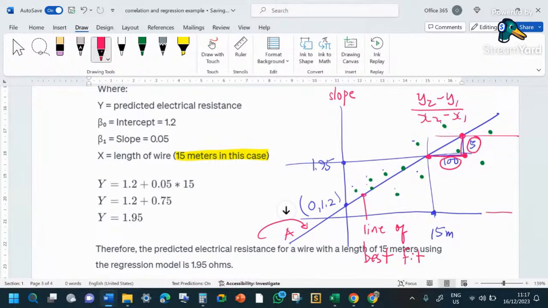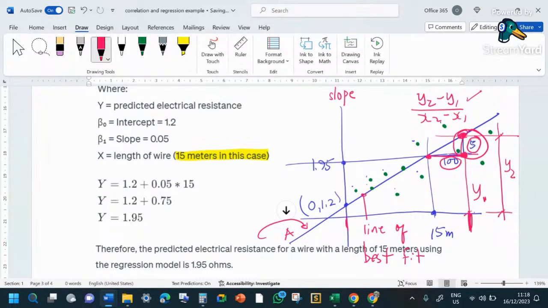Draw a line from this point down to the x-axis and call this your y2. Draw a line down to the x-axis and call this your y1. So y2 minus y1 will give you the difference. That is your delta y. Same with x.